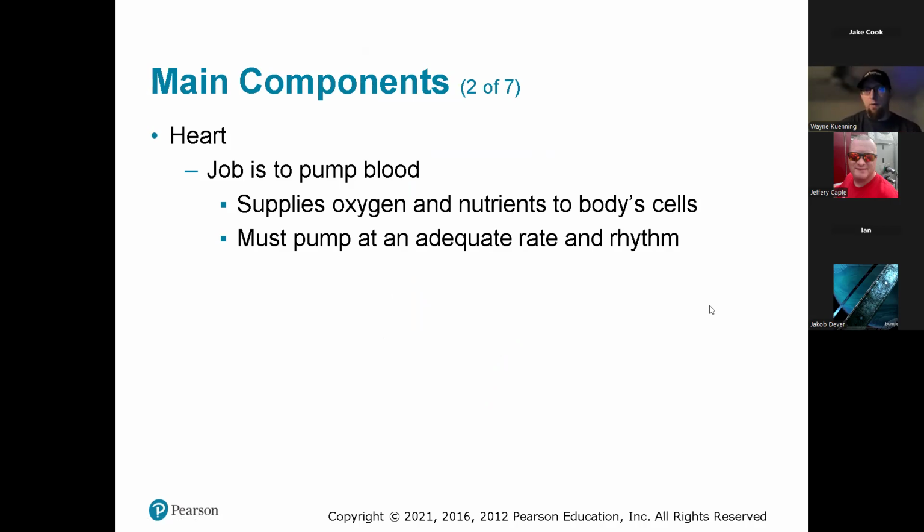When we talk about an adequate rate and an adequate rhythm, I also like to talk about adequate contractility. I don't think that's covered enough early on in this career. A pump can be running at a good rate and a good rhythm, but if it's not squeezing hard enough, it's not pushing any fluids. Those are your heart failure patients.